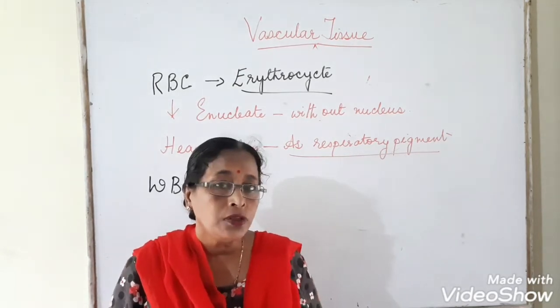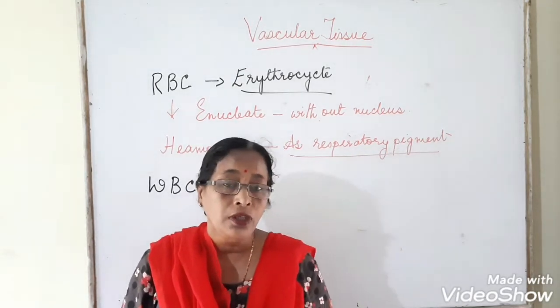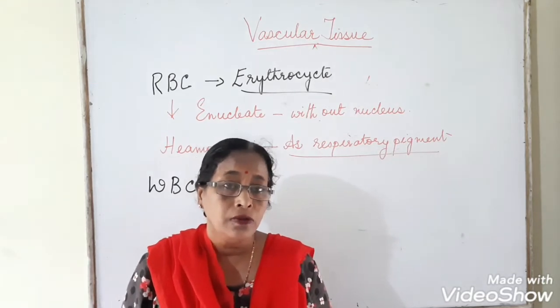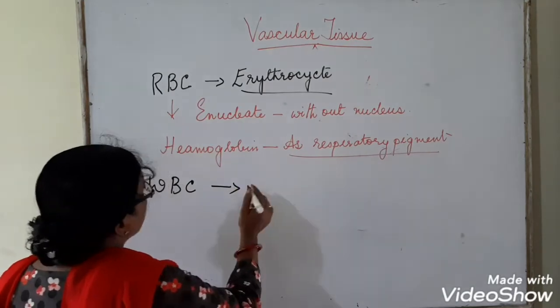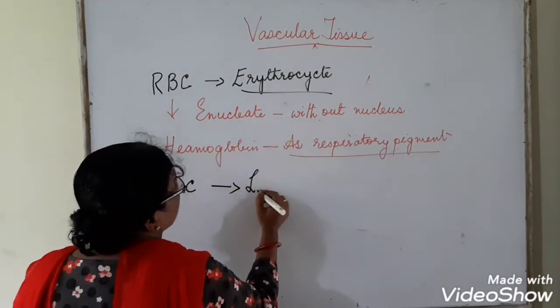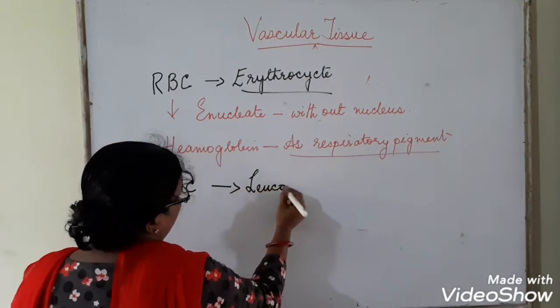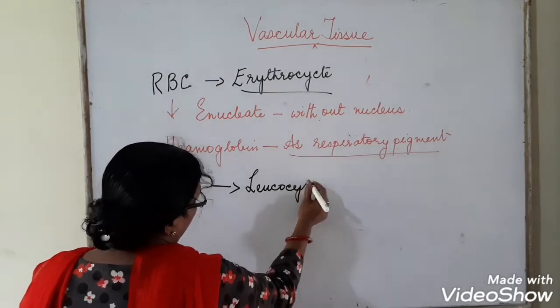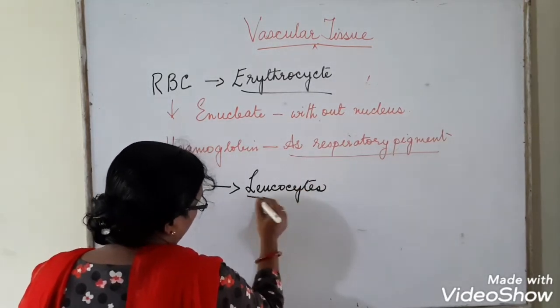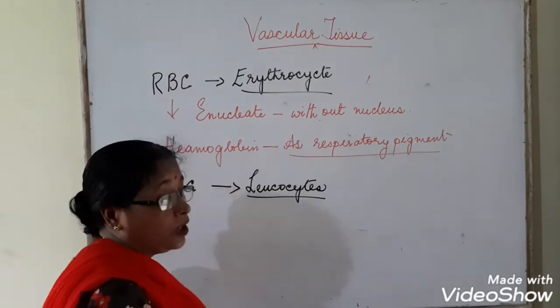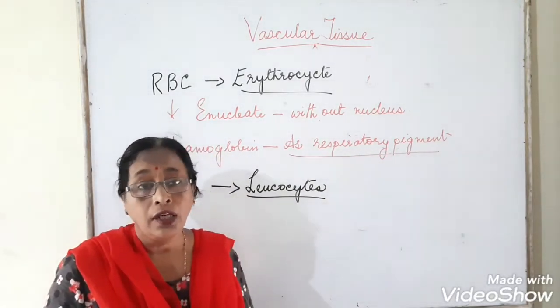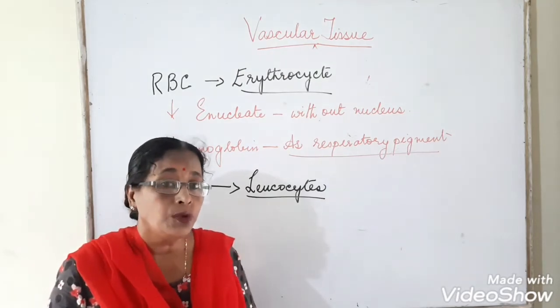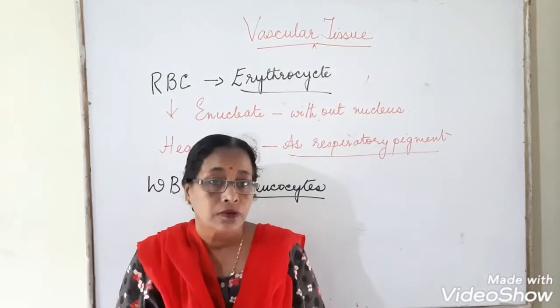The next component of the blood is WBC, or the white blood corpuscles, also known as leukocytes. The leukocytes are bigger in size and they are nucleated. They have a nucleus in them.